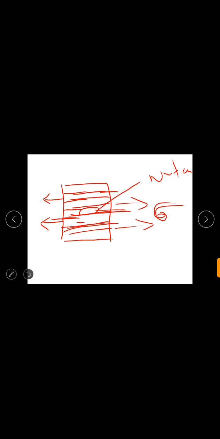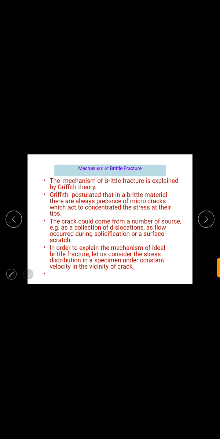Cleavage means separation, and finally the material breaks. This is how brittle fracture occurs.